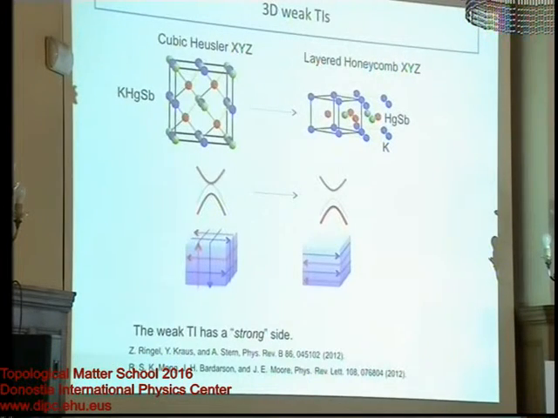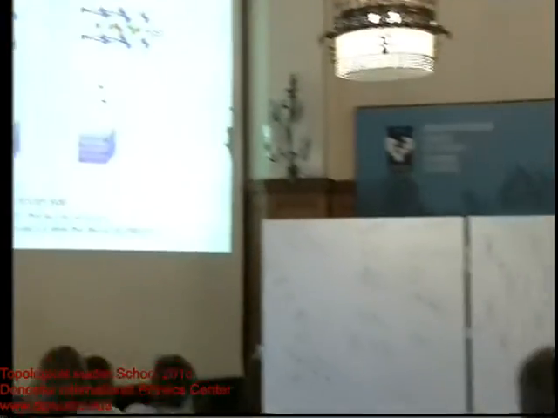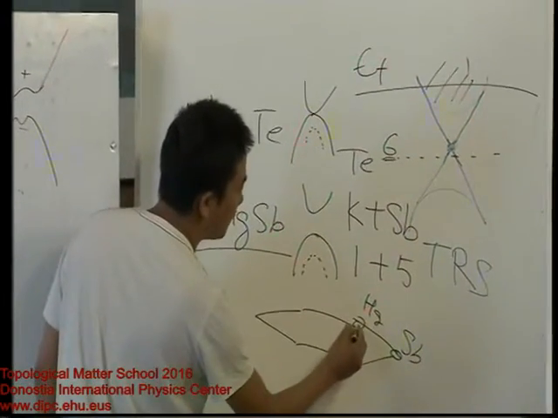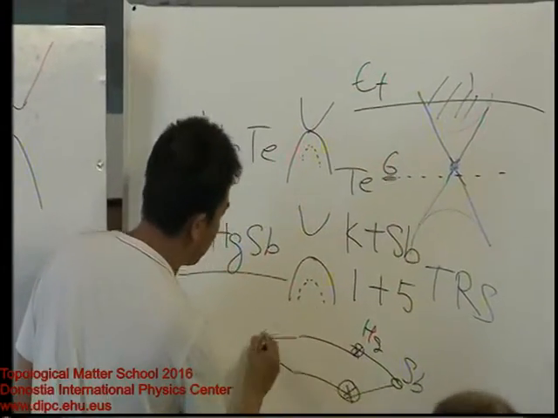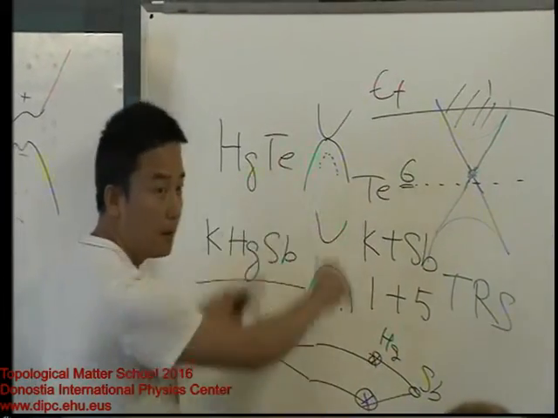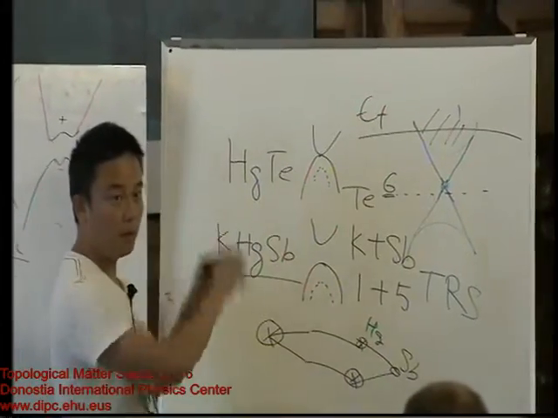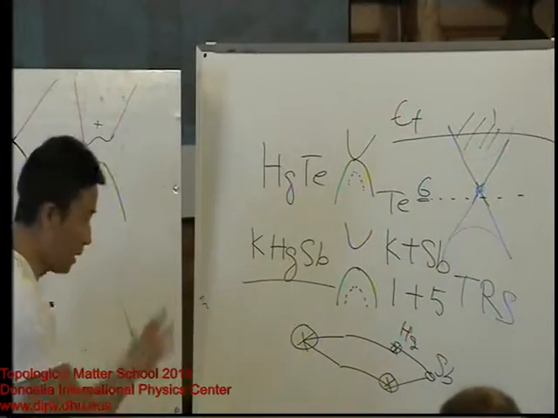We have a honeycomb layer here. And this is mercury. This is antimony. And maybe I write it this way. This is one layer. If we just stack them to 3D, just repeat, it becomes a weak TI. There's another case.